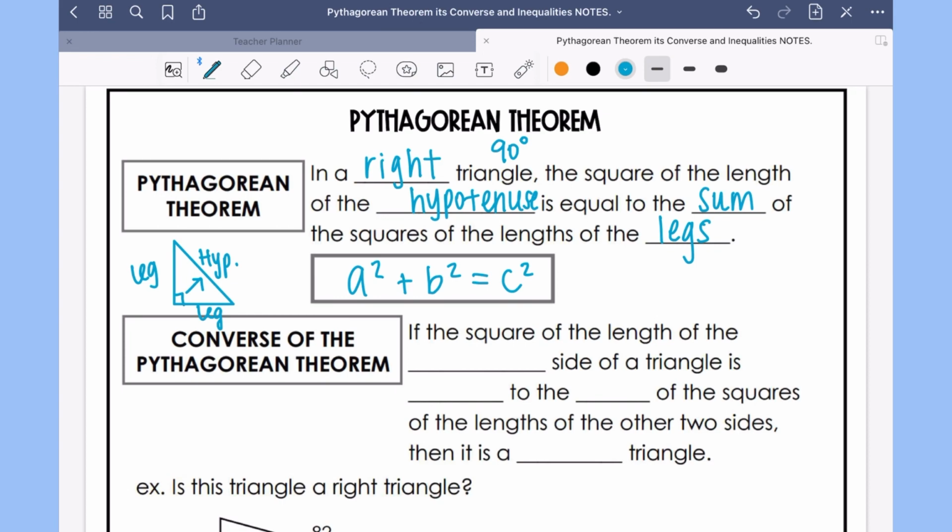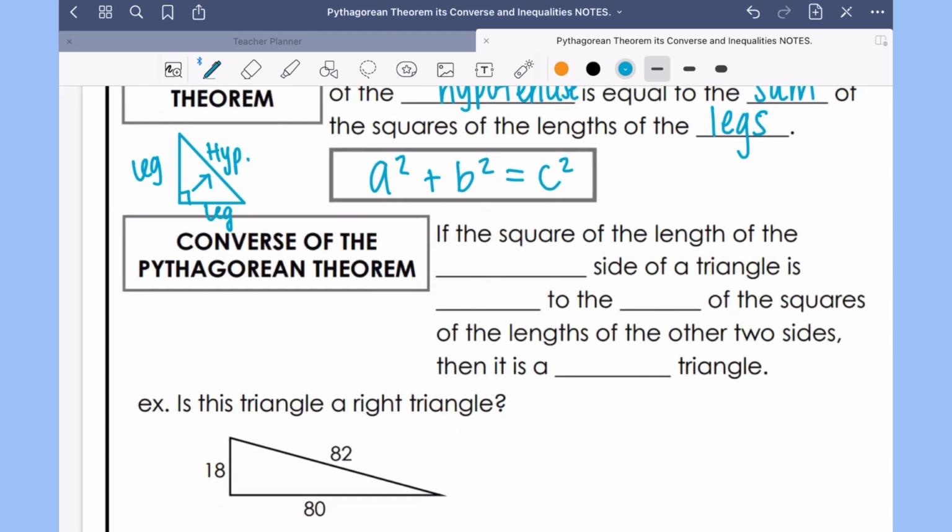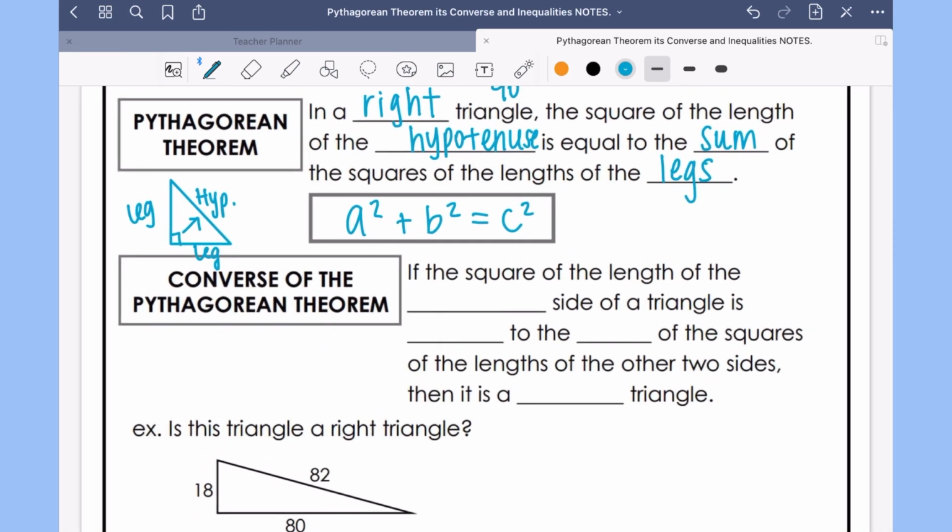Okay. Now, what is the converse of the Pythagorean theorem? The Pythagorean theorem says that the two legs squared is equal to the hypotenuse squared.